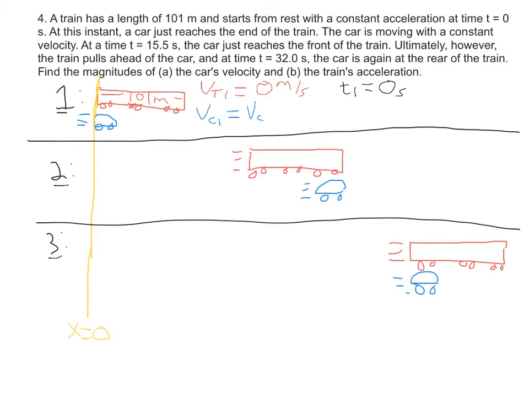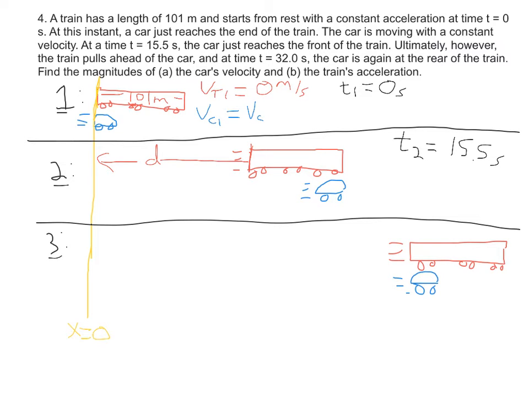So now, in position 2, we have a new time, time 2. We are told that 15.5 seconds have transpired. We can observe that the train has covered some distance. I'm going to call the distance d here.